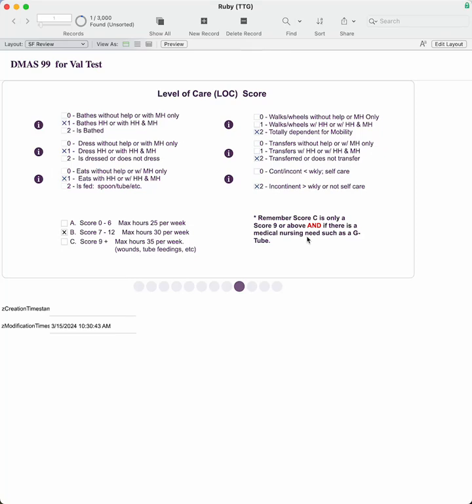Because it has to be a medical nursing need along with that, such as the G-tube. So if you'll notice, level of care B is still score 7 to 12, maximum 30 hours a week. So the key difference between B and C is a G-tube feeding or another medical nursing need that can be documented. That's a biggie. A lot of people get that wrong.